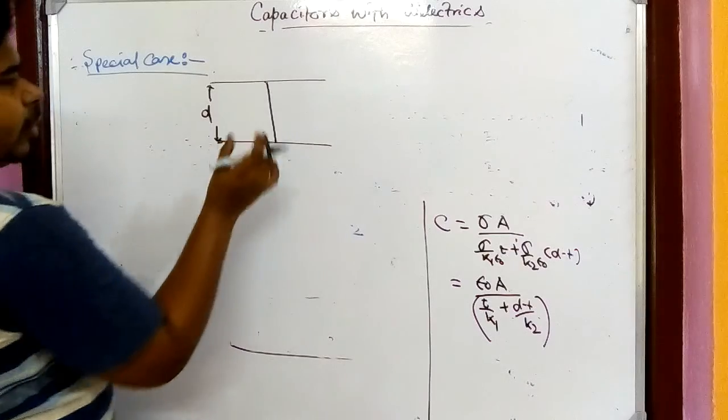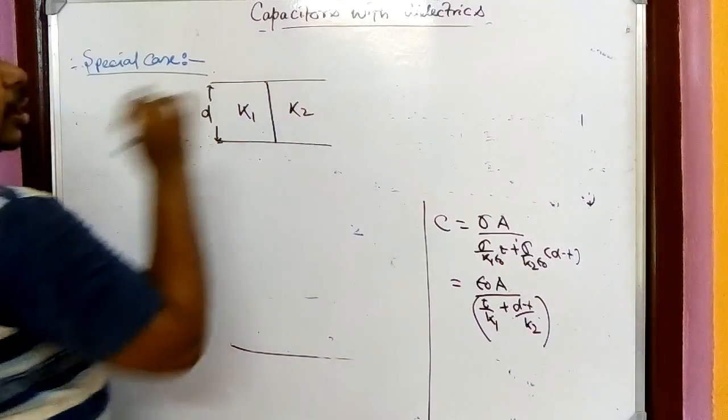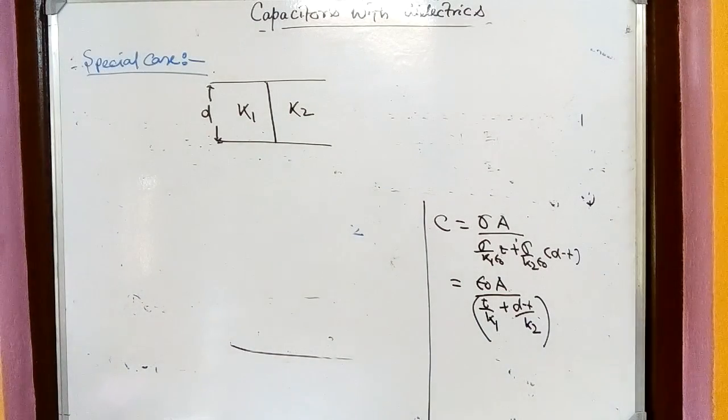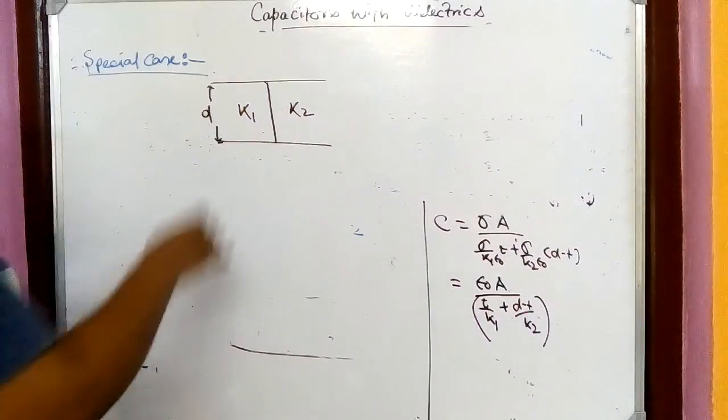Earlier we have introduced two dielectric slabs, that is k1 and k2. Big problem. What we have to do? K1 and K2, two slabs are introduced, but not in this method. What we have done earlier is like this.